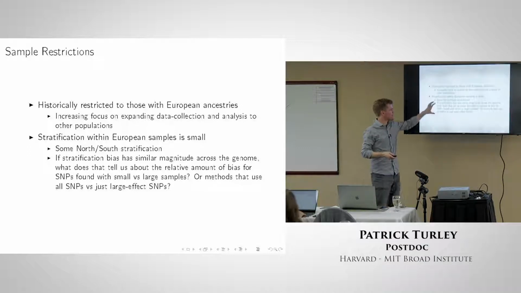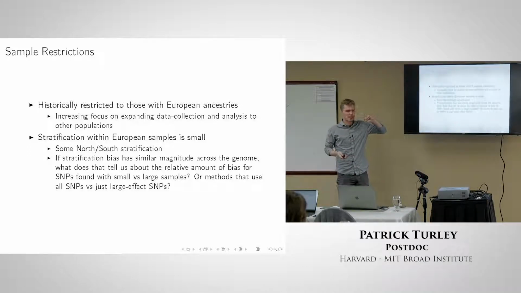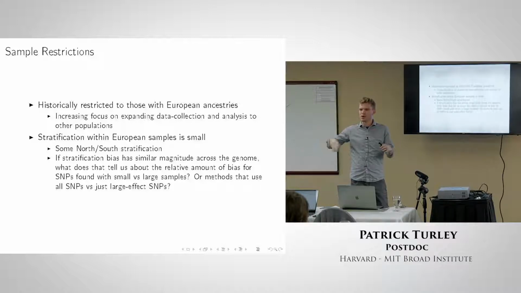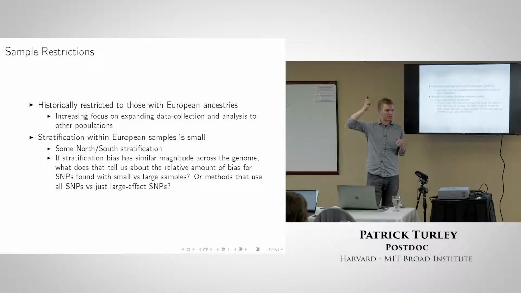I have a little point here that Dan kind of touched on as well. So stratification bias, under the assumption that it's just due to random drift processes. There are different reasons that populations can be stratified, and the two classes are: it may be that in one population a certain attribute is better than in the other, and so this is selection.